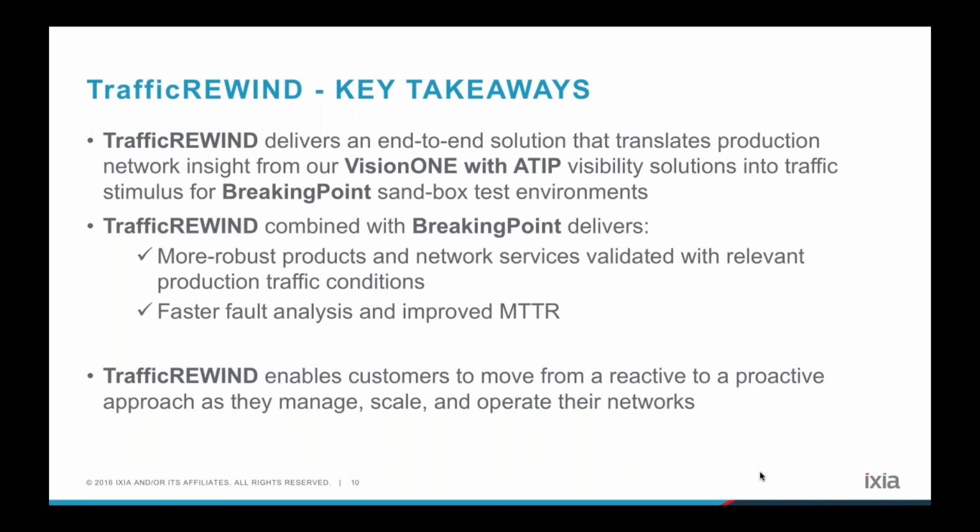This overall solution benefits network designers, validation, and operations departments in very specific and new ways, like creating more robust networks and services, faster fault analysis and shorter MTTR, or mean time to repair, and obviously better preparing for future growth. Hope that this all makes sense, Corey.